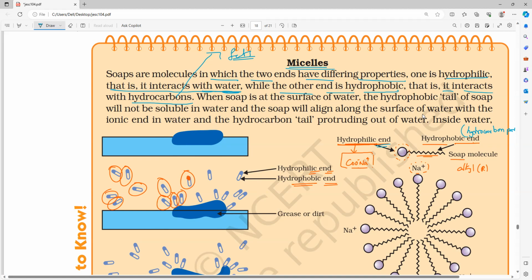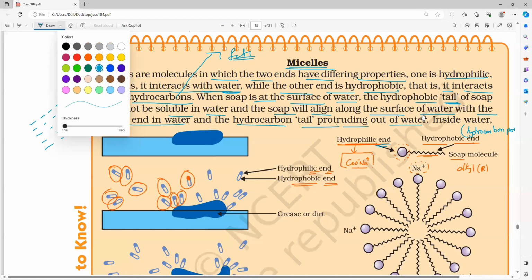That is why when soap is at the surface of water, the hydrophobic tail of the soap will not be soluble in water, and the soap will be aligned along the surface of water with the ionic end in the water and the hydrocarbon tail protruding out of water. Suppose I have taken water and I dissolve the soap.